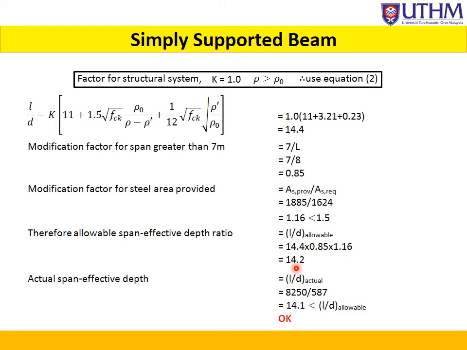We get 14.2. Our actual span effective depth ratio is length divided by D. We get 14.1. We compare our actual span effective depth with the allowable span effective depth. So the actual is less than allowable. So it means that our deflection is okay.